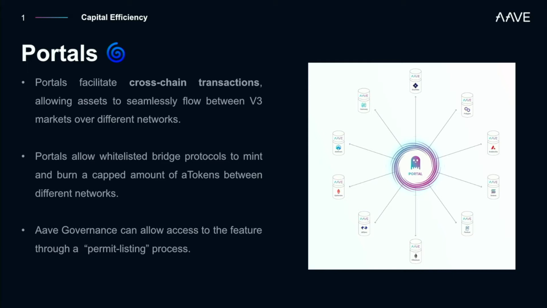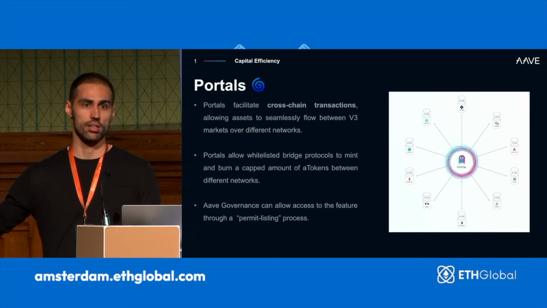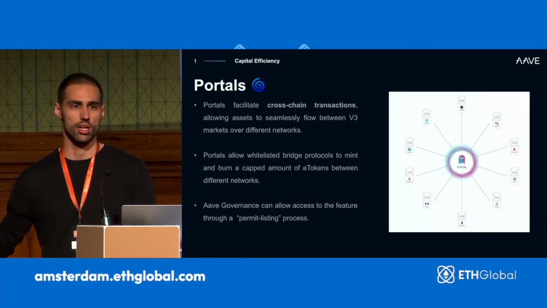When a user wants to move their A tokens from the source network to the destination network, first the bridge takes the A tokens from the user in the source network, then instantly mints brand new A tokens in the destination network and redirects them to the user.